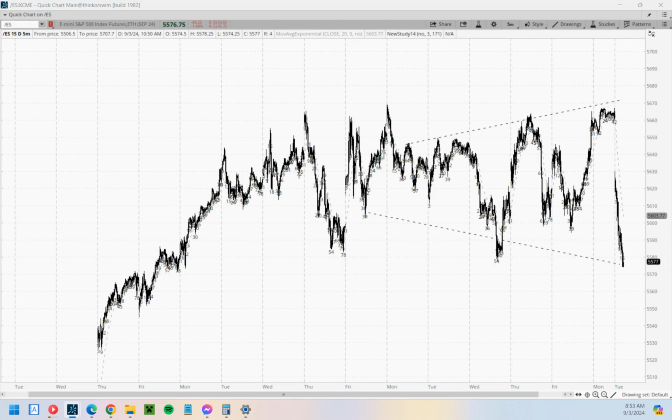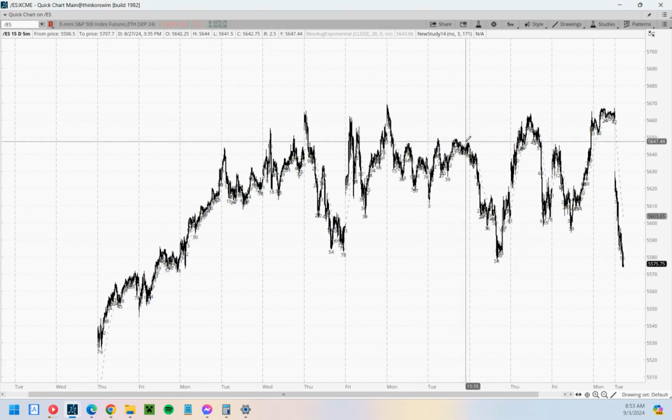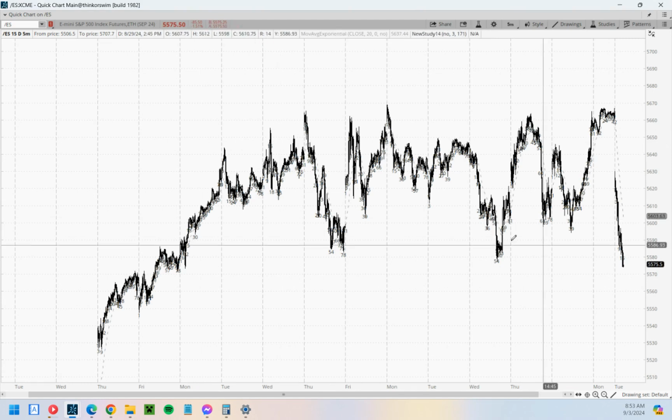It's one pattern for the bulls. You've got your wedge, 1, 2, 3, 1, 2, 3, something like that. But really, yes, triangles, etc.